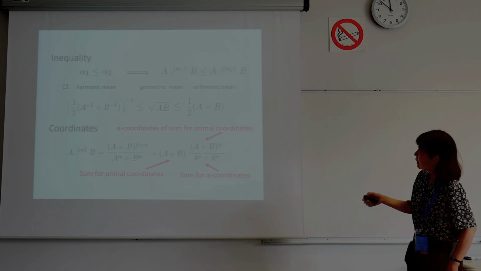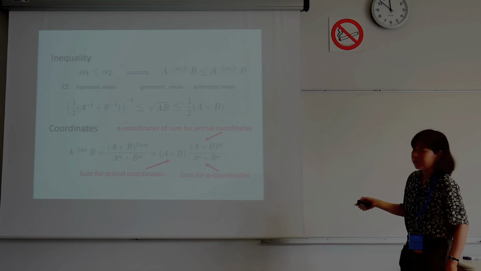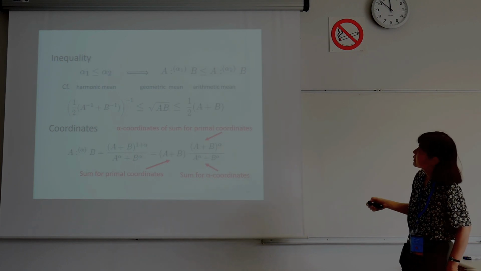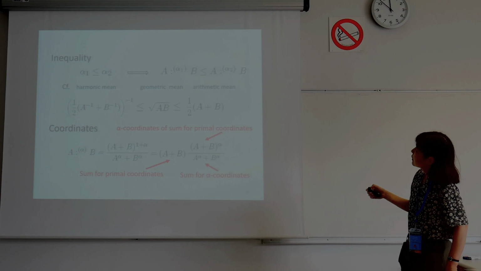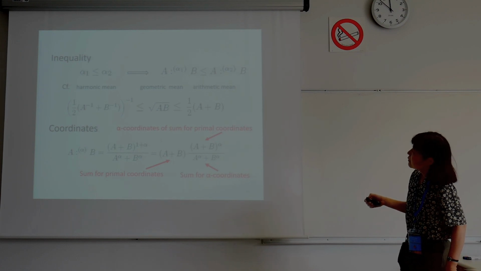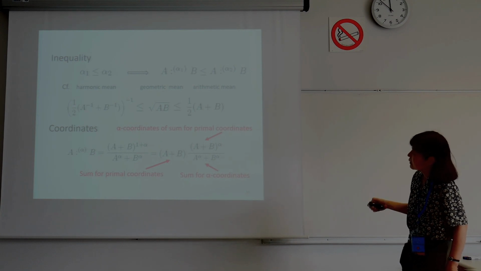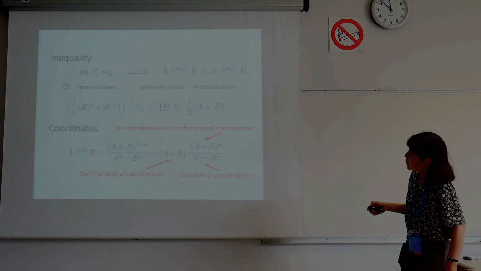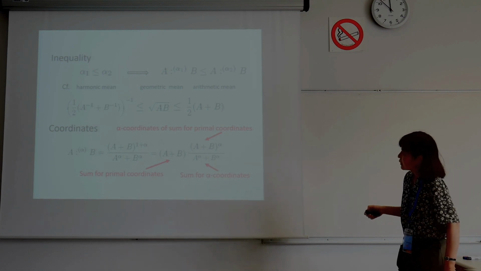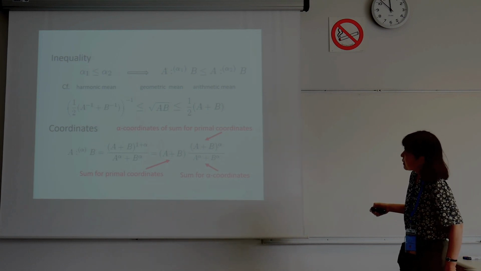The alpha power sum has these properties. Like the mean, the power sum holds this inequality. And about coordinates, this part coincides with the sum of primary coordinates.